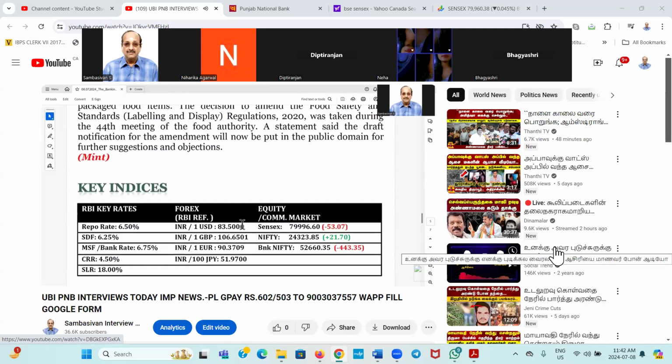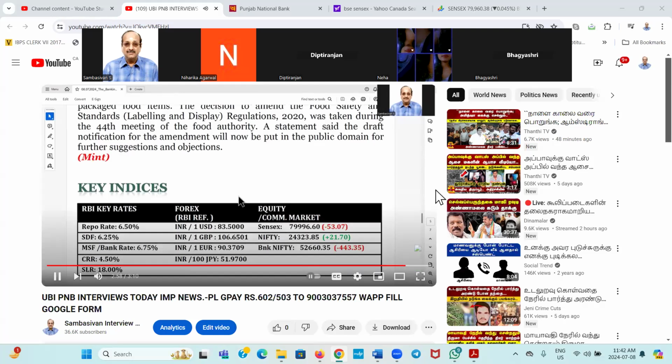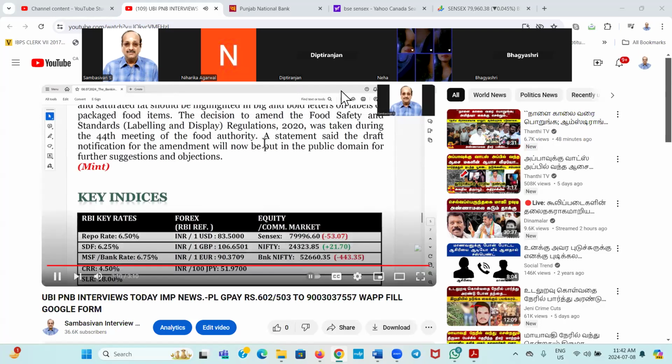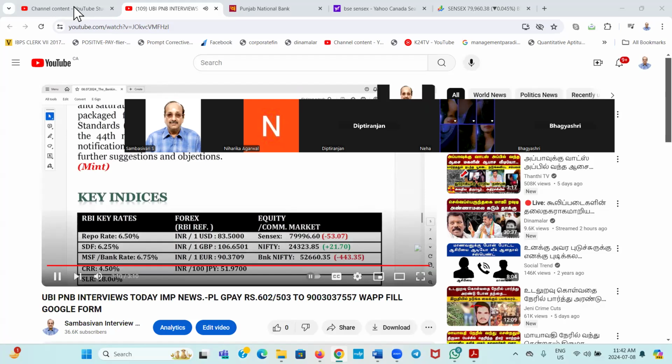Key indices repo rate 6.5, standing deposit facility 6.25, MSF bank rate 6.75%, CRR 4.50, SLR 18%, Indian rupee to US dollar 83.50, Great Britain pound 106.65, 1 euro is equal to 90.37. Bombay BSE Sensex 79,996, Nifty 24,323.85. Thank you. I think this is the previous video.